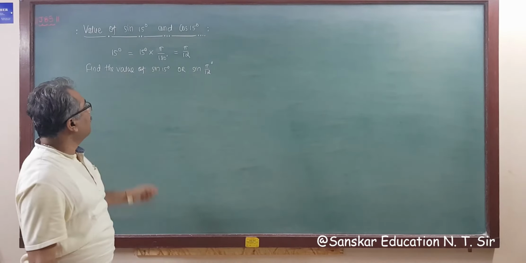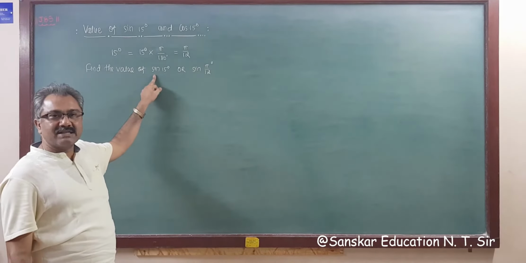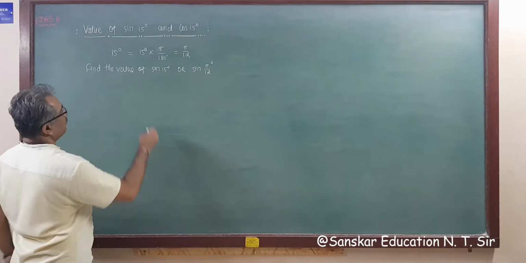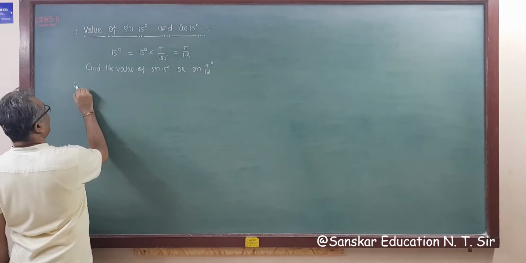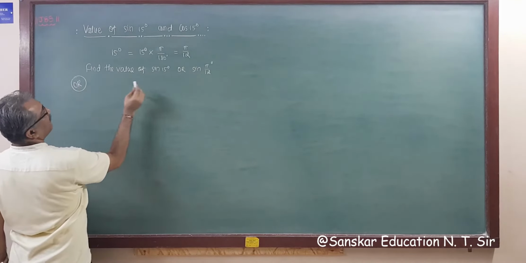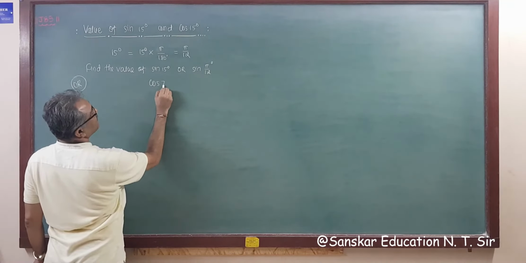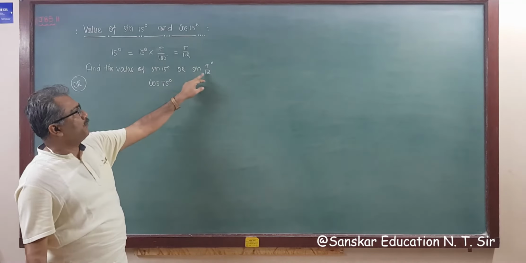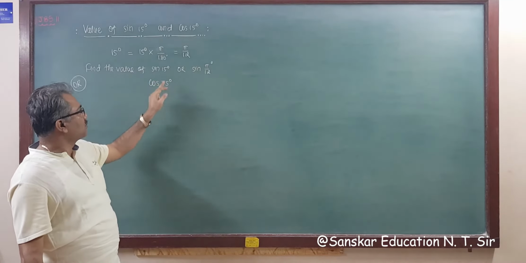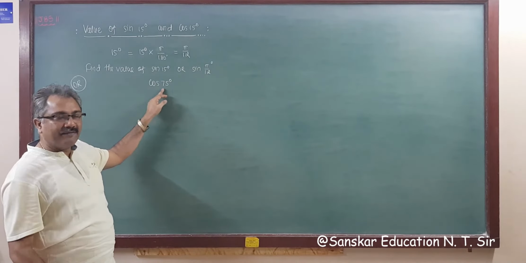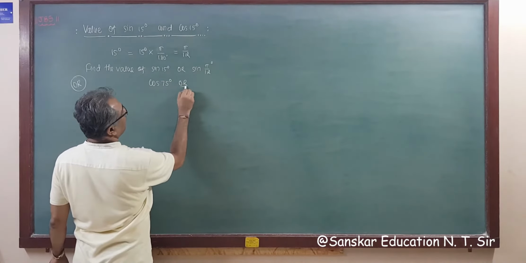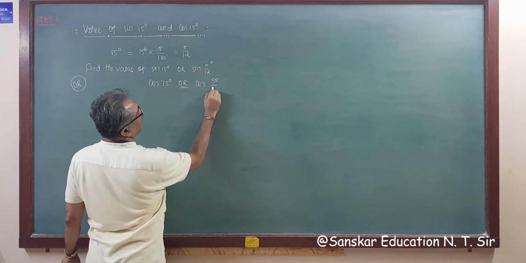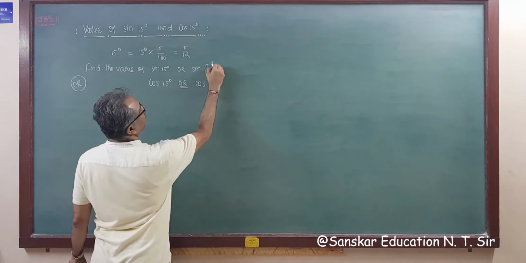Now you know sine 15 degree is cos 75 degree because they are complements of each other, right? So either your question will be the value of cos 75 degree, or, since pi by 12 is 15 degree and 15 into 5 is 75, cos 5 pi by 12 radian.